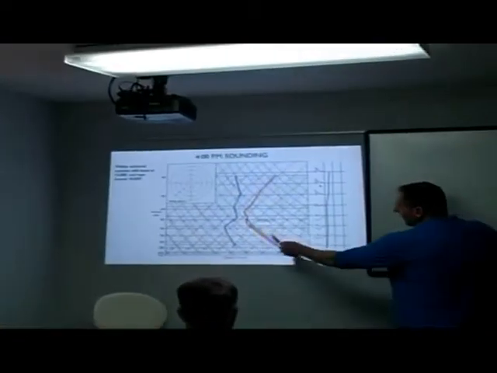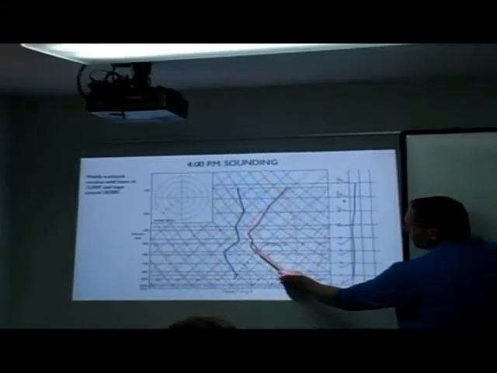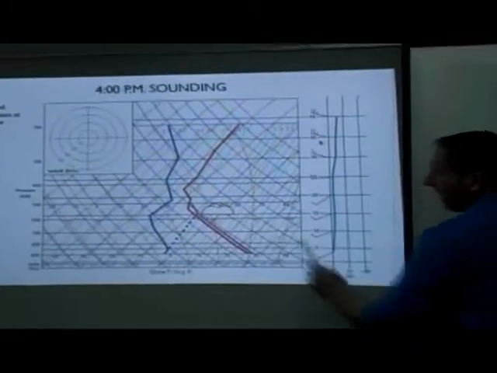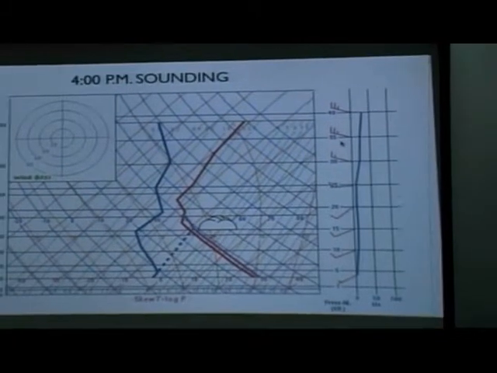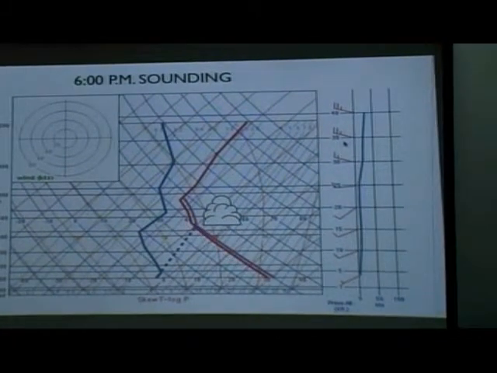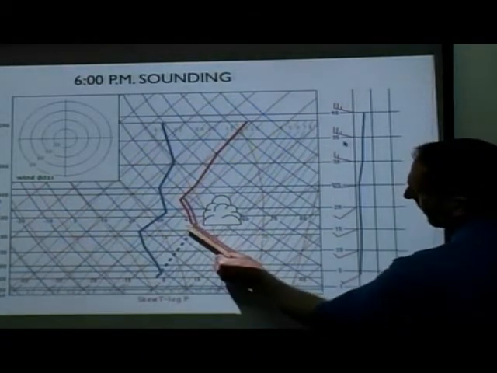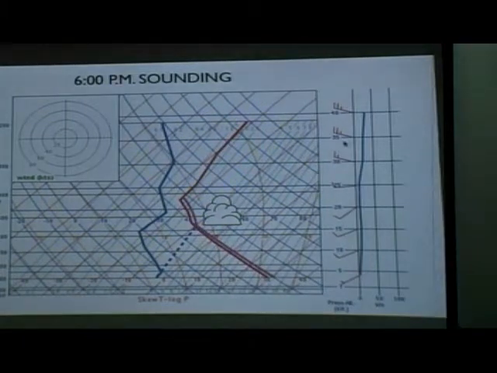So 4 o'clock, again, we've warmed up even more. We got taller clouds. 6 o'clock, temperature's warmed up even a little bit more, and now you can see that the temperature managed to get around that mid-level inversion.